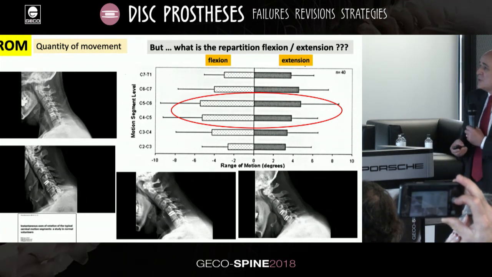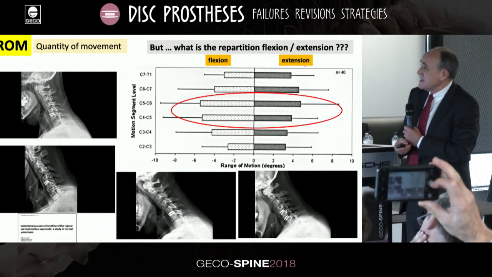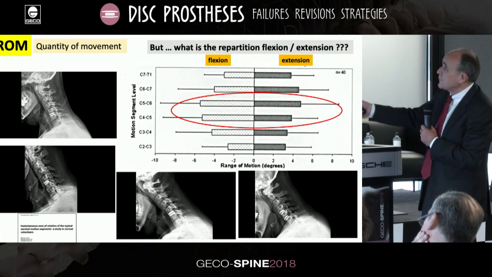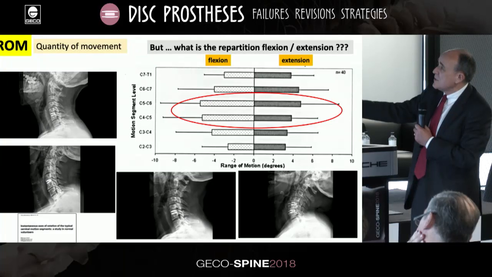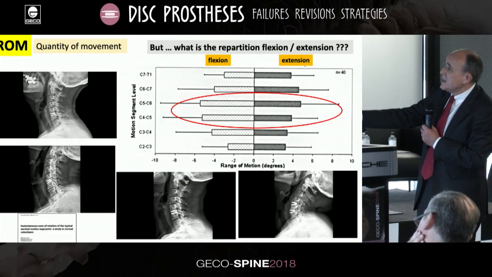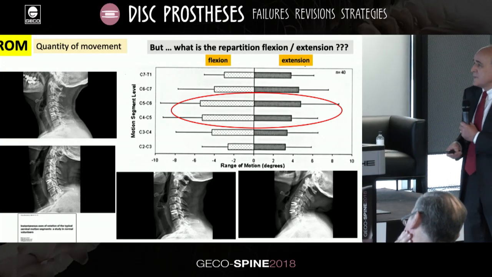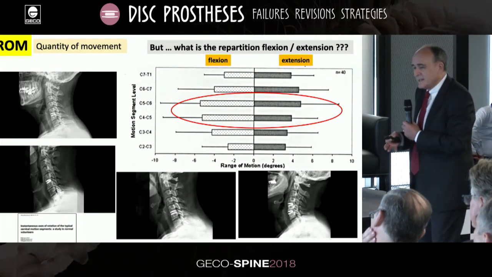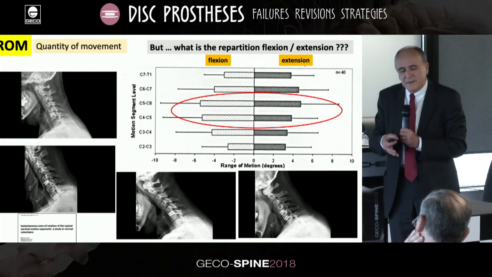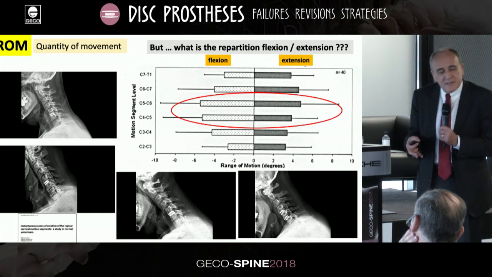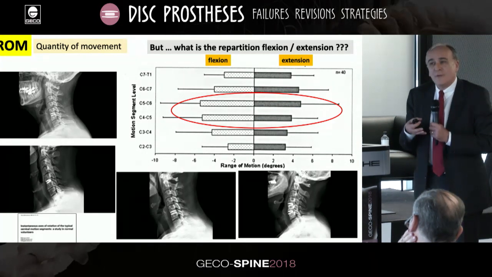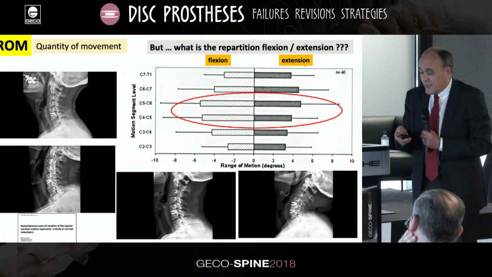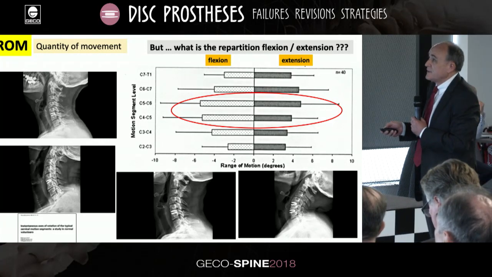There is not a lot of papers regarding this, and it is very different according to the level. Here, C7, T1 level, and here you see, for example, C3, C4 level. It is very different. And when we look at our patient, it is interesting to ask them to do the classical plain X-ray we do in normal position, and then to do a flexion and an extension, and to look at the difference regarding this.